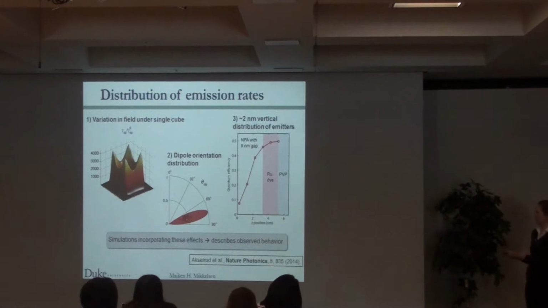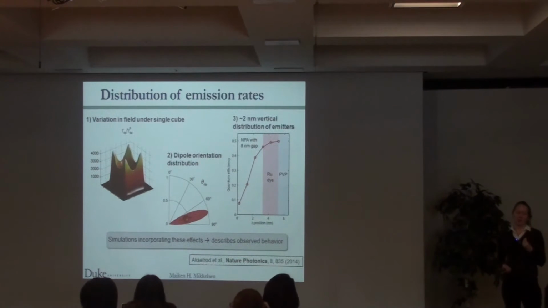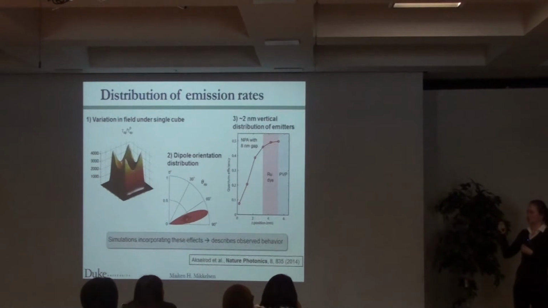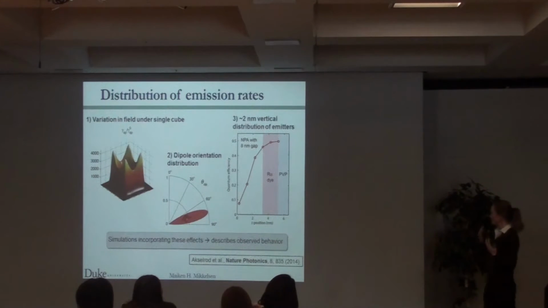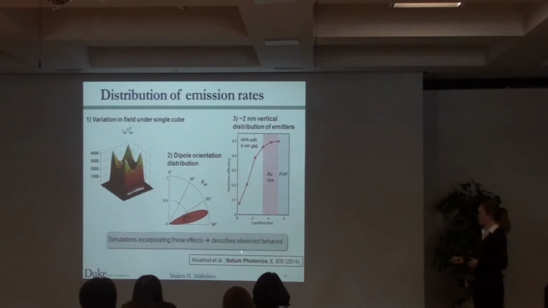Why this is so critical is because the quantum efficiency, meaning every time we excite an electron, how often it emits into free space as opposed to non-radiative decay channels, depends strongly upon the Z position, the distance between the emitter and the metal interface. So if we assume this 2 nanometer distribution, we can average over these different quantum efficiencies in our simulations. I'm showing this to show you the types of scales and the accuracy that we really need to properly understand, probe and tailor these properties. When we take all these things into account, this describes the observed behavior very well.